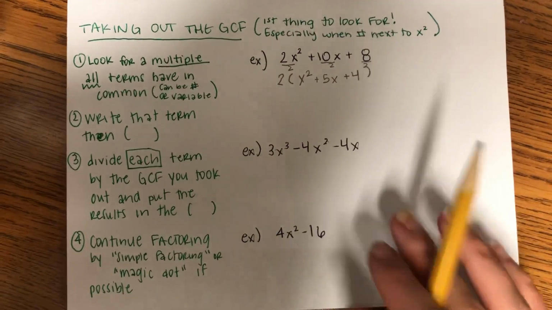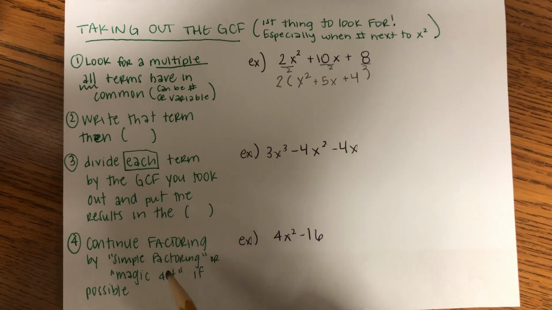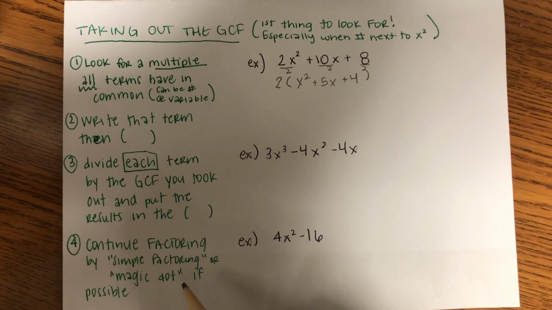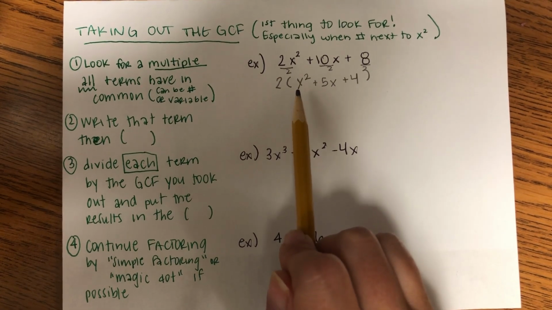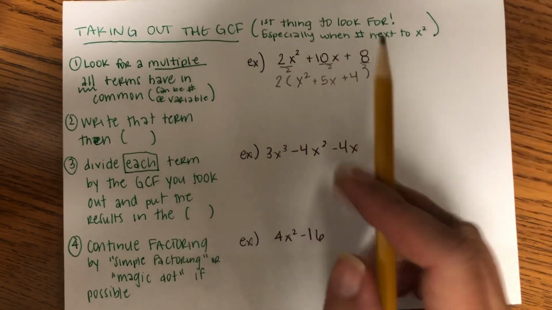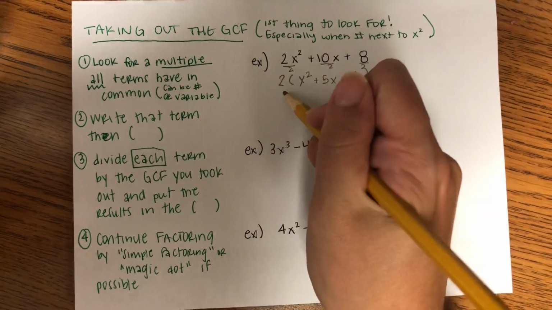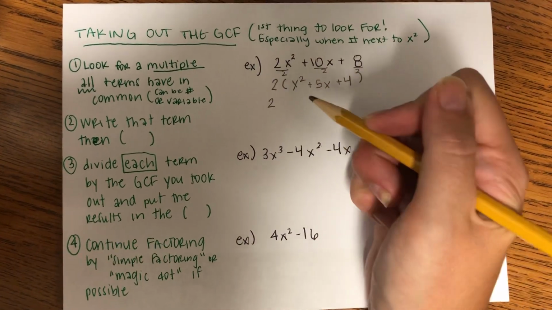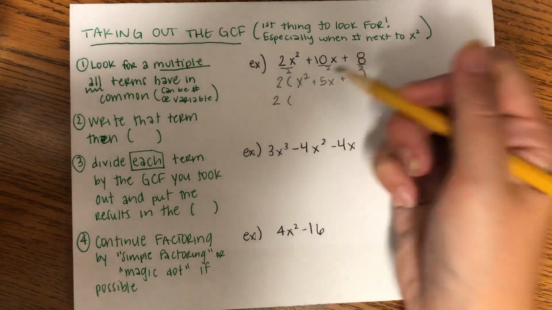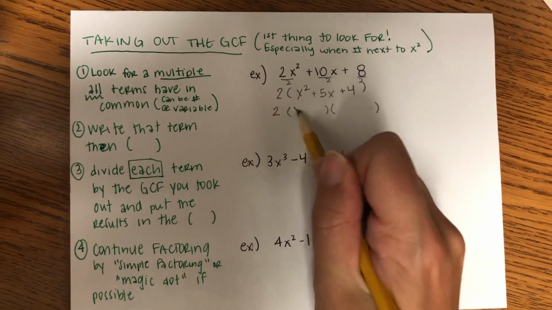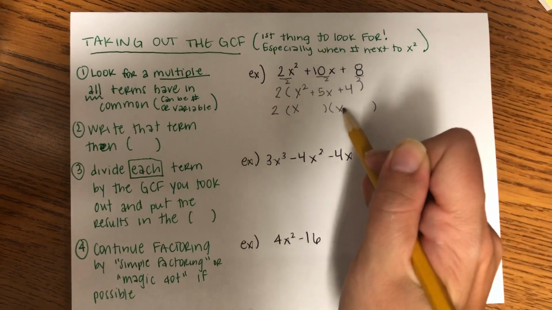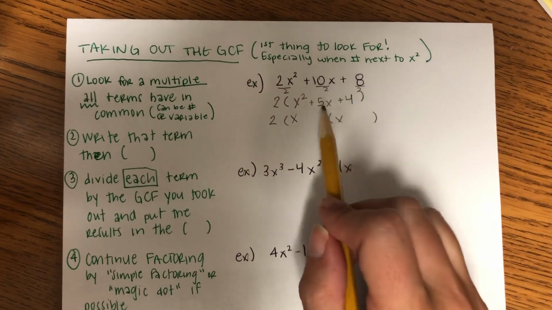Then going on from there, I can continue factoring by simple factoring or magic dot if possible. So I know that this is simple factoring because there's not a number next to x squared anymore because I took it out here. So I'm going to continue on with simple factoring, just dragging this 2 that I took out the whole time. So simple factoring, remember the steps were parentheses, parentheses, x and x, and I need to find the factors of 4, so things that multiply to 4 that give me 5.